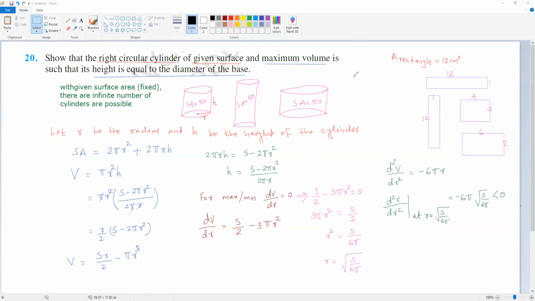So that implies volume is maximum at r is equal to under root s divided by 6 pi. So हमने ये प्रूफ किया कि at that critical point volume is maximum.